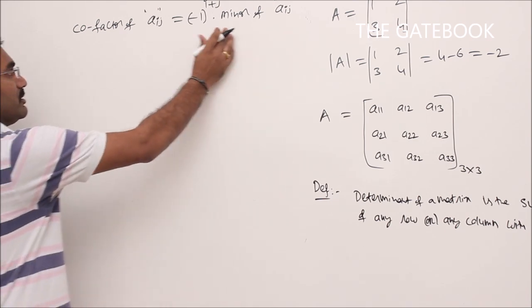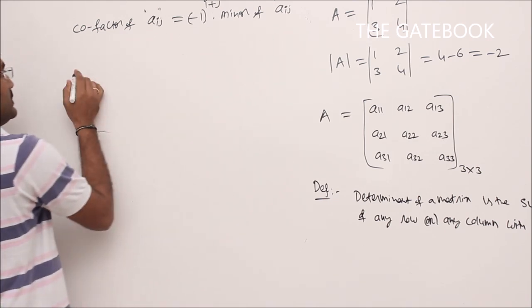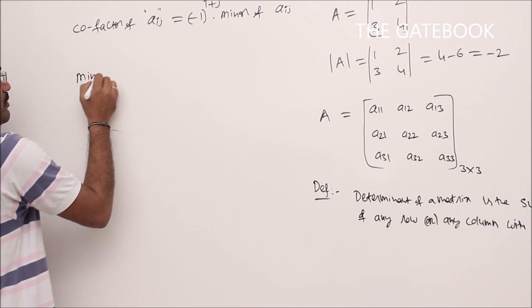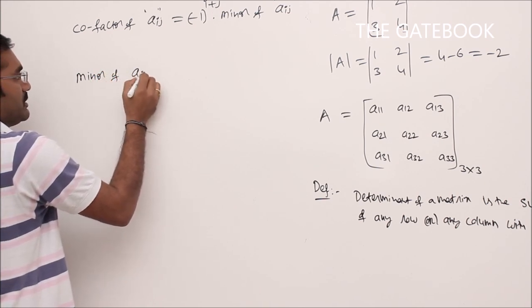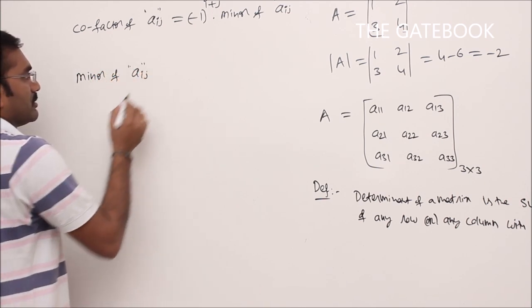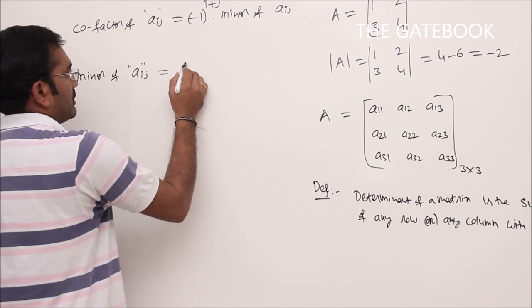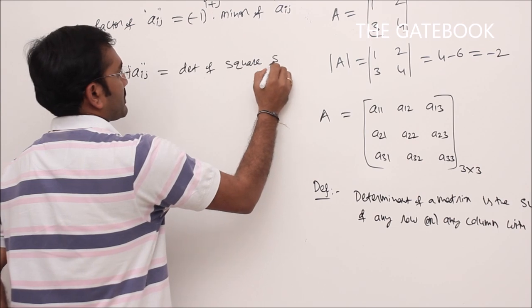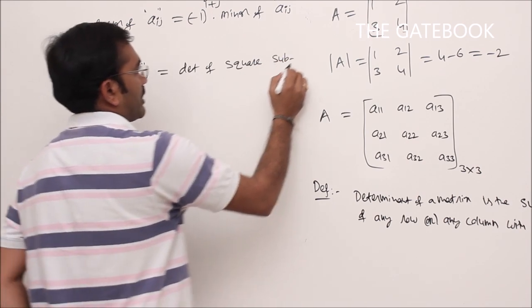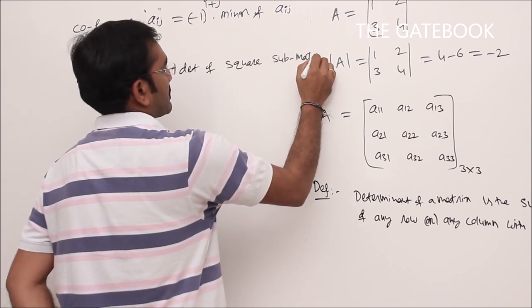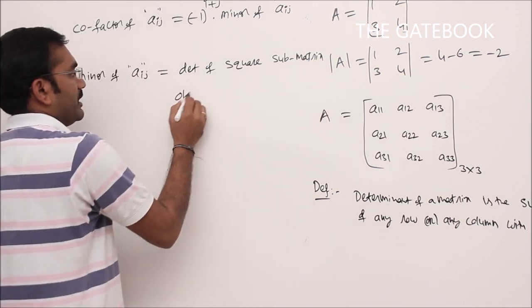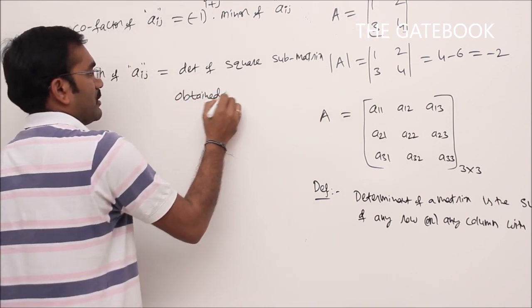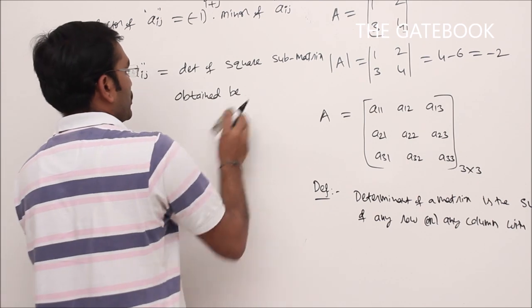Again here, cofactor involves minor. What is meant by minor? The minor of element Aij is the det of the square submatrix obtained by eliminating the corresponding row and column.